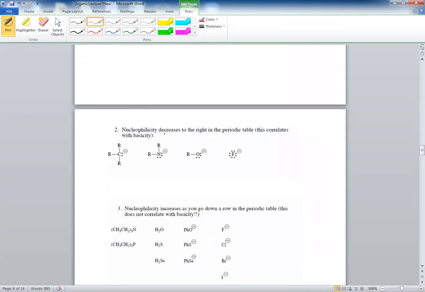Nucleophilicity decreases to the right in the periodic table, which actually correlates with basicity. So if we go to the left here, this means we have an increasing basicity. They're more basic.